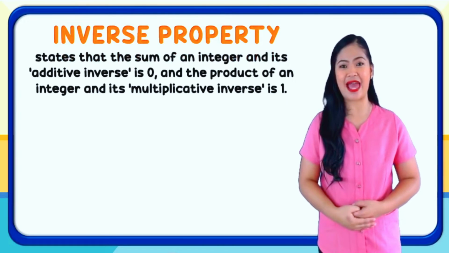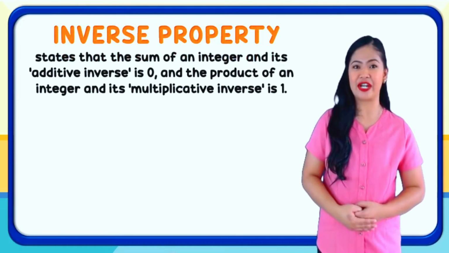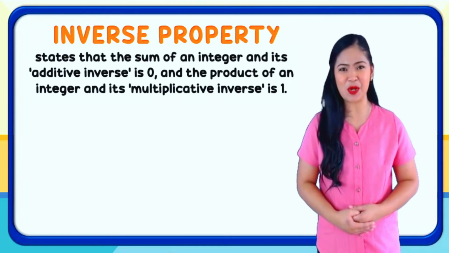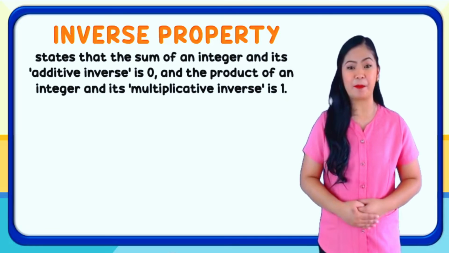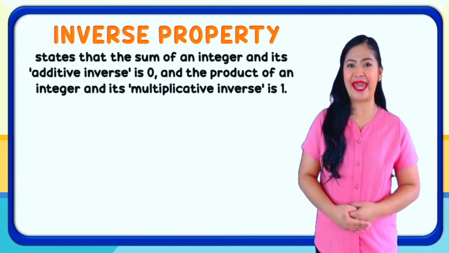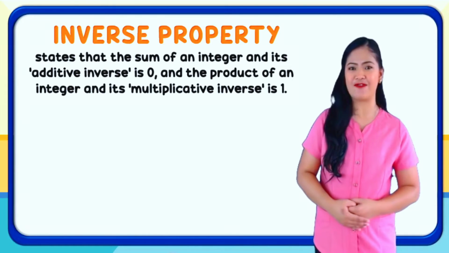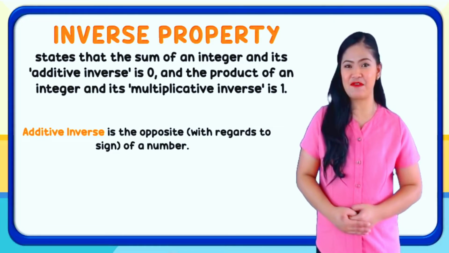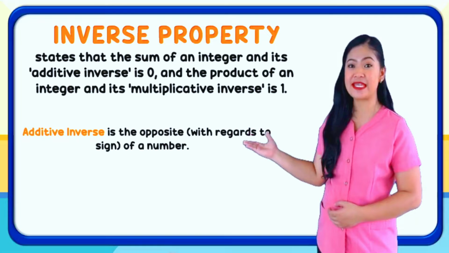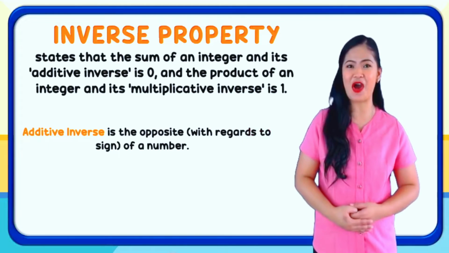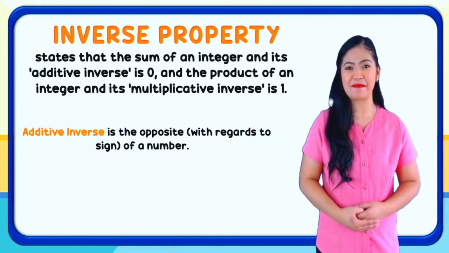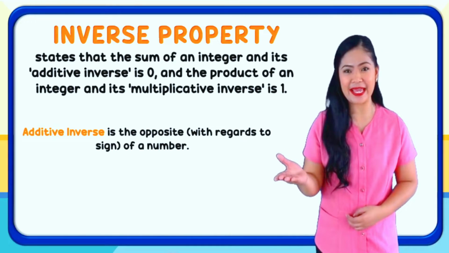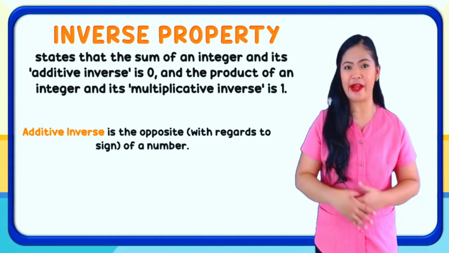It states that the sum of an integer and its additive inverse is 0. And the product of an integer and its multiplicative inverse is 1. The additive inverse is the opposite with regards to sign of a number, which simply means that the additive inverse of a positive number is its negative counterpart.